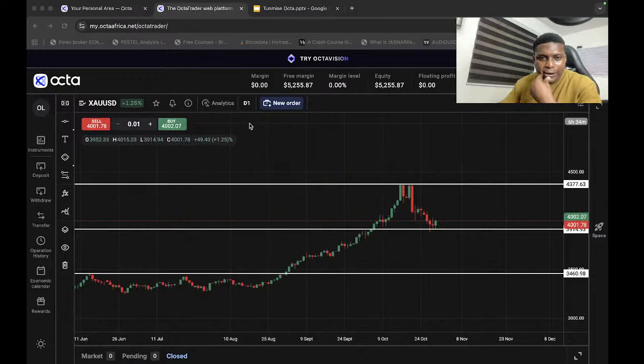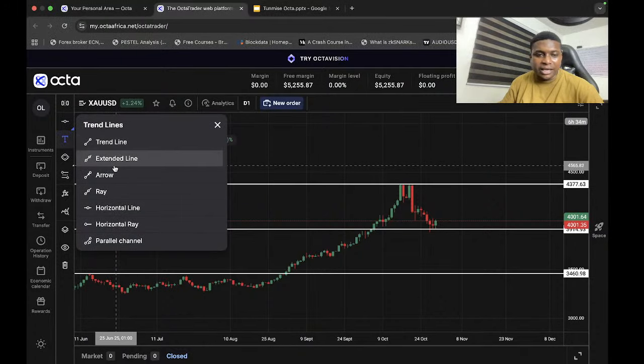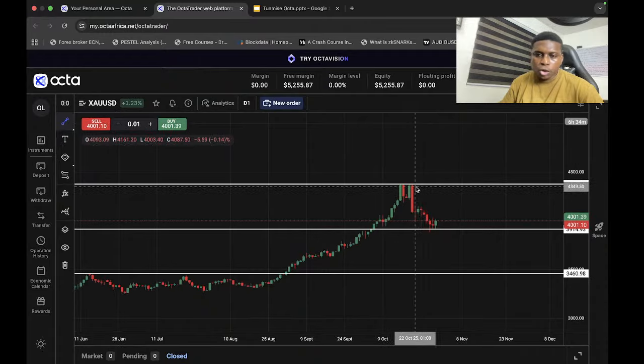So now, looking at this, it's very much clear that gold just needed, should I call it, a relaxation from the run it had, and now it pulled back. There's a major pullback that has happened. Now this is not to say that gold is going to continue going down. So here is a pullback.